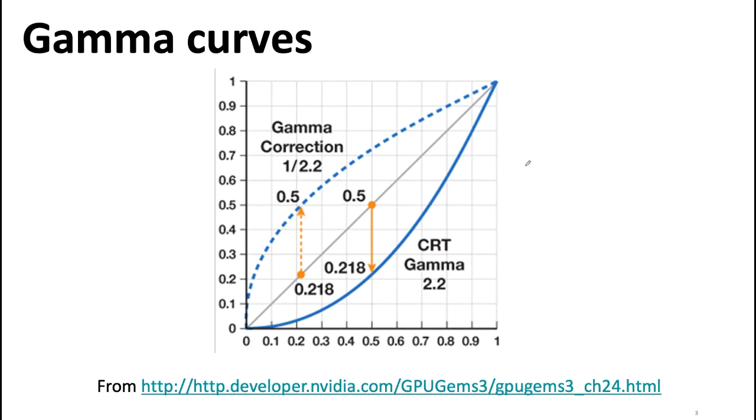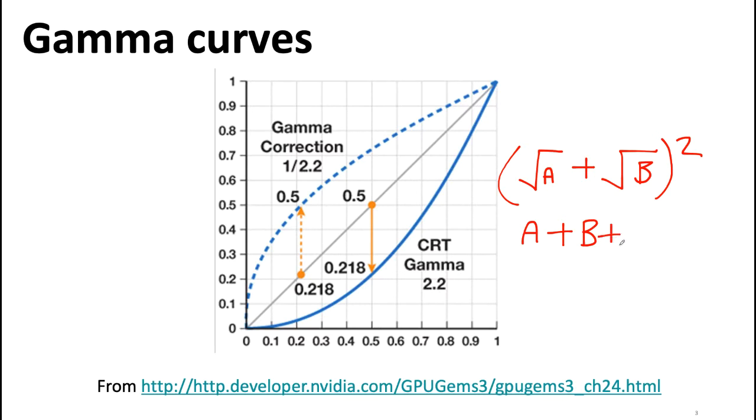So if we try to add lights in our shader code, well, we'll have a square root of A, and then we could add, say, a square root of B. And then if we're adding things in this gamma space, then the screen is going to square that. And then I have some problems. Okay, so I will get a square root of A squared. I'll get an A. And I'll get a square root of B squared. That will give me a B. But I'm also going to get a cross term in here. I'll get a 2 square root of A times B. And that leads to problems.